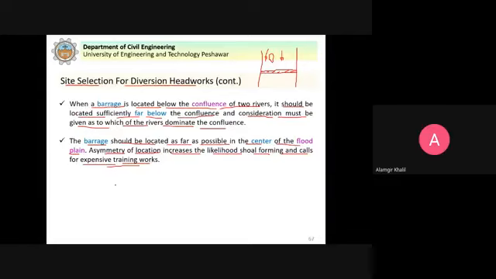Similarly, there can be another discussion that when the river flows, there are 4 stages. You see, we have the mountains where the river starts. So in this range, when the river starts, although it can provide a rock foundation to the diversion headworks, but you see that in the hilly area, normally we do not have the agricultural fields.